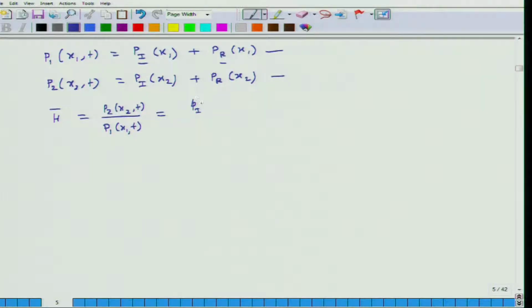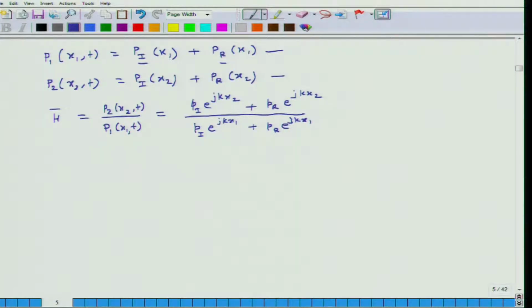Pi e^{-jkx2} plus Pr e^{jkx2}, divided by Pi e^{-jkx1} plus Pr e^{jkx1}.